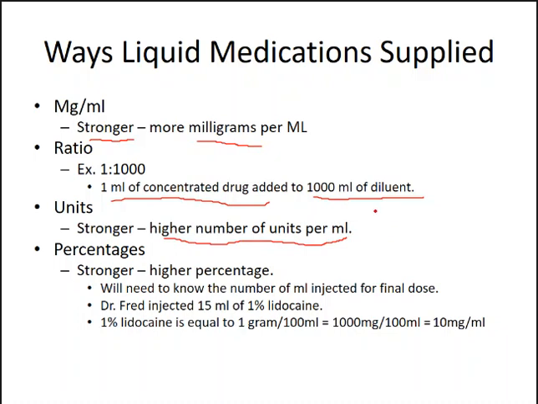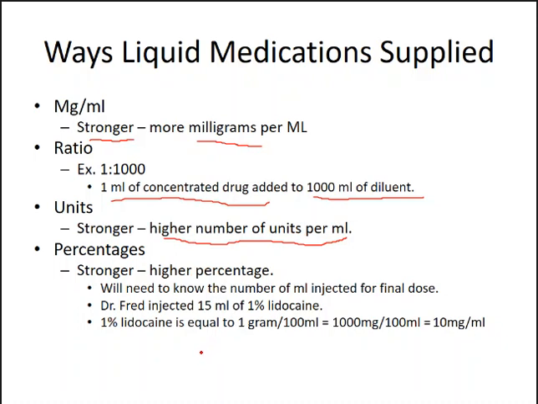So you can have a milliliter of heparin that includes 10 units per ml all the way up to like 20,000 units per ml. So it's definitely a wide variety of two things that look very similar.